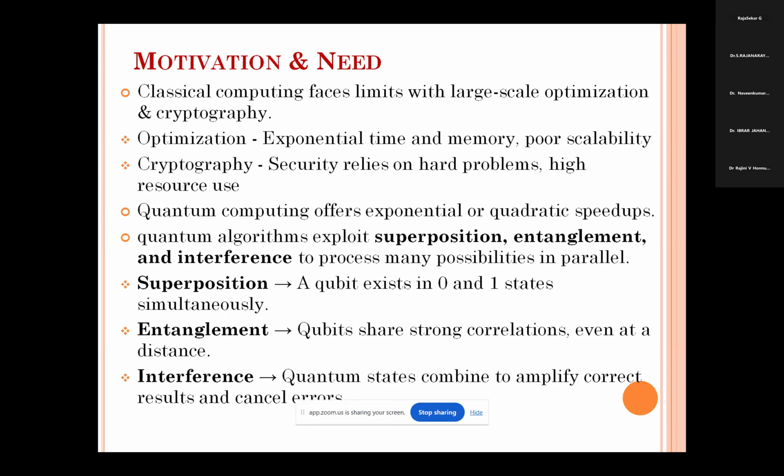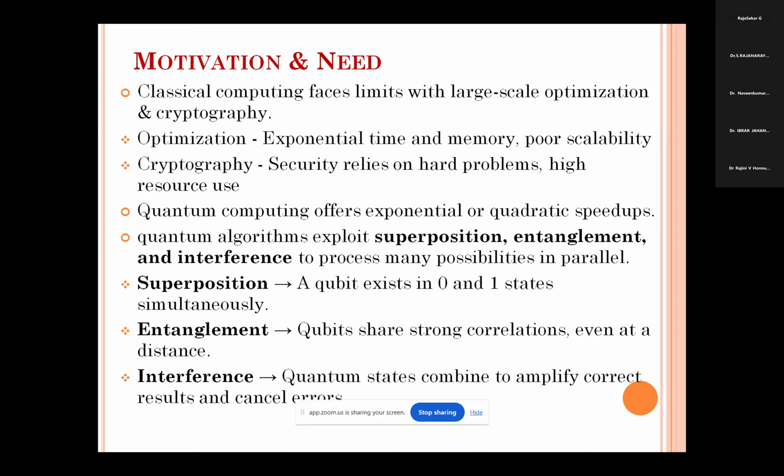All of you know how AI machines and machine learning work in the backend, how much data is used. Classical computing faces large scale optimization as a major problem.